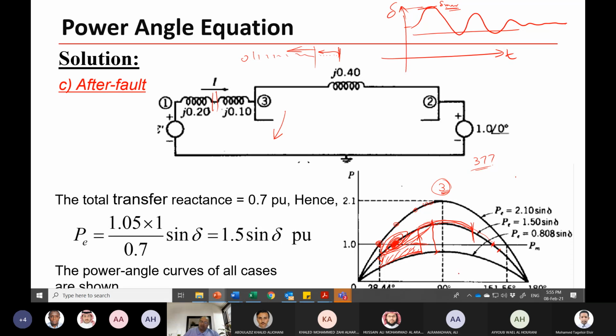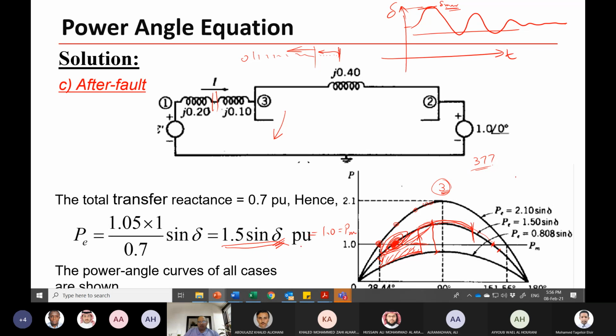So in general, when you are talking about steady state operation, the angle shouldn't exceed 90 degrees. During the transient, the oscillation could reach up to this point, much higher than 90 degrees, 180 minus delta. Here it is 28. We have P electrical, and we can equate it to 1 per unit, which is P mechanical, and you can get this angle.